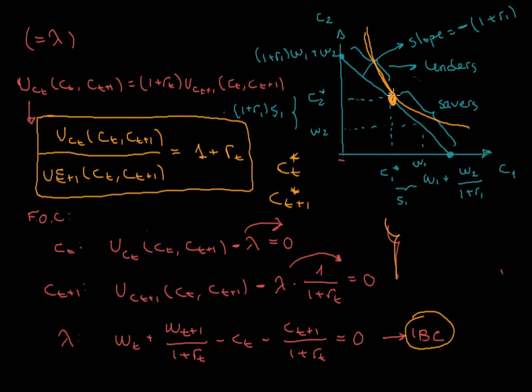That is where the indifference curve and the budget constraint are tangent, and there we have the optimal condition and the optimal consumption levels for each period.